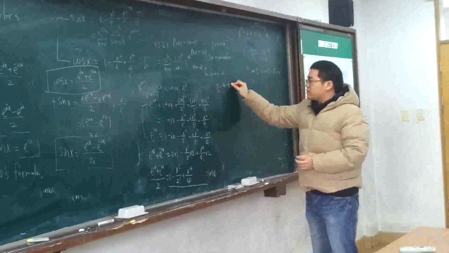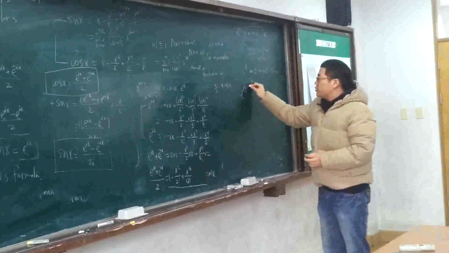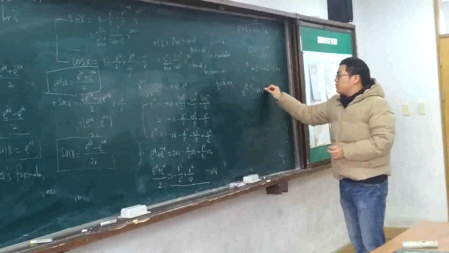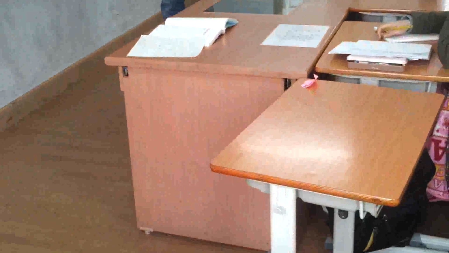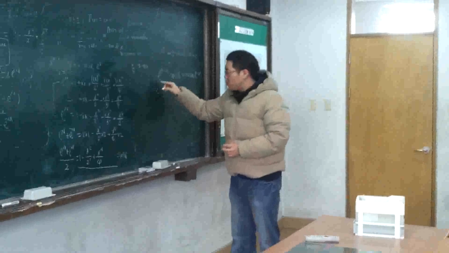What about substituting pi over 2 minus x for x? So e^{i(pi/2 - x)} equals e^{i pi/2} times e^{-ix}, using the exponentiation rule.